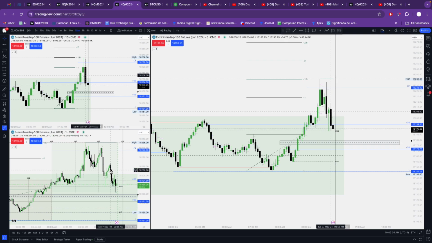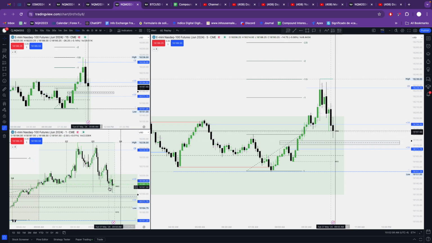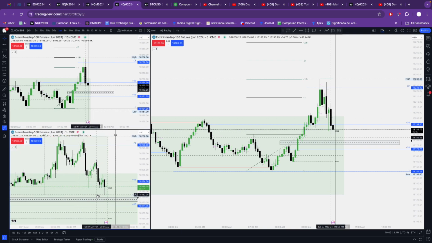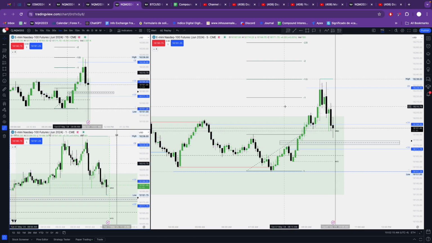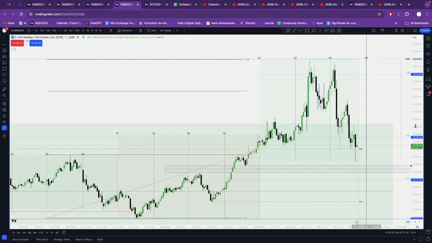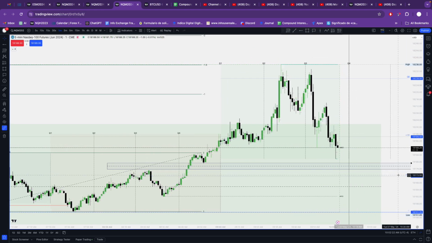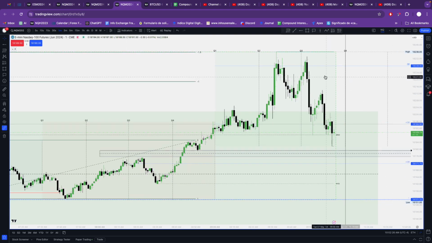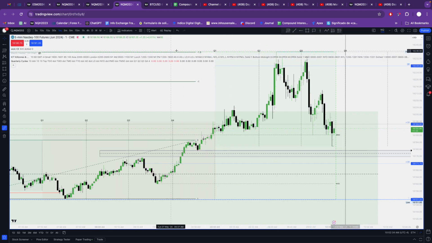So now we can be interested in looking for a potential setup on the one, given that we are within that range. So let's just make this our focal point for right now, understanding where we are in the higher time frame. So here's that 15-minute bull short block. Still, we're in a premium discount. Understand this is Q4 here, so we can hide this.